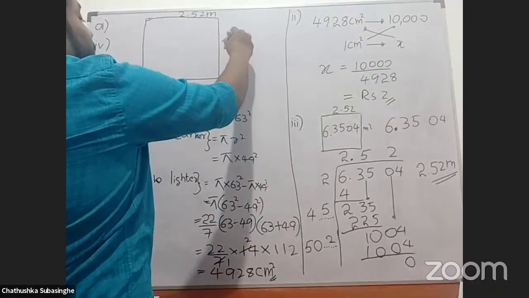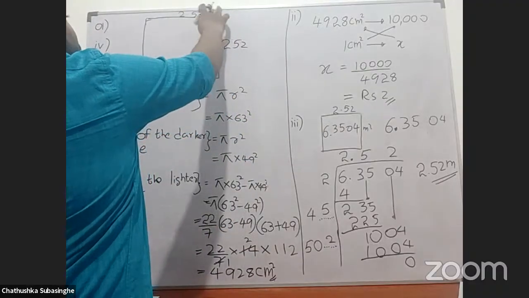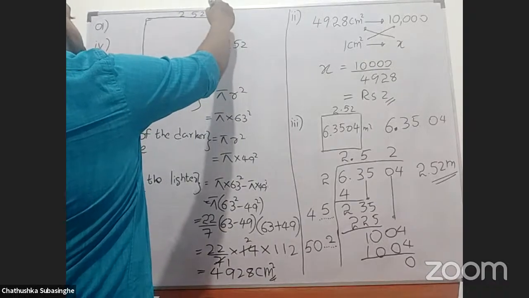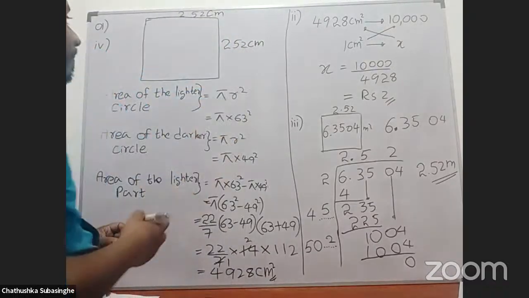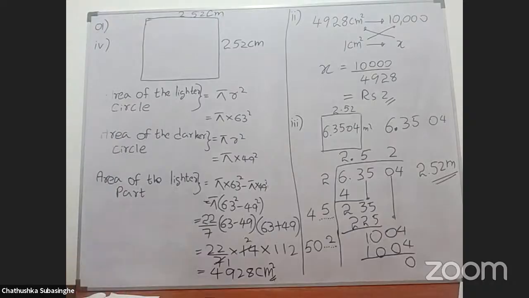So this is 252 and this is 252 centimeters. Then we have to check how many 63 goes into that, because the radius of the circle is 63. So we have to check 63 times 2.